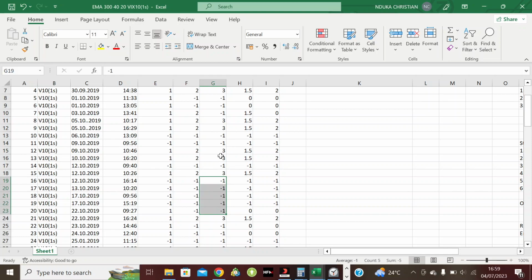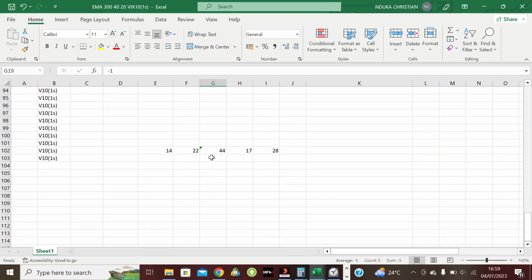But look at the actual results here. If you're risking 1%, with 1 to 1 you make 14%. Risking 1 to 2 you make 22%. Risking 1 to 3 you make 44%. So you see the highest one is this 1 to 3.